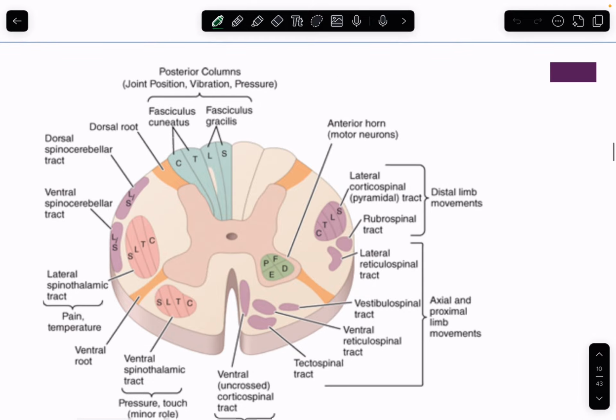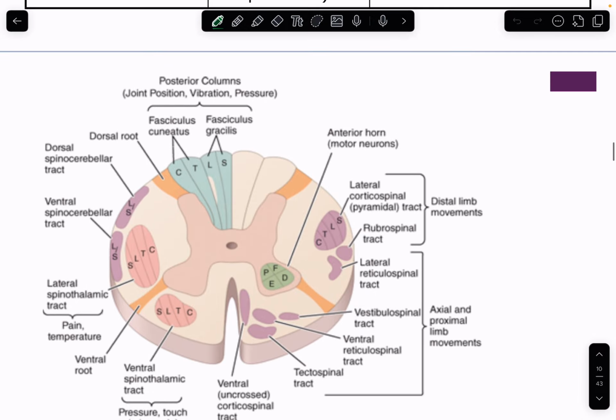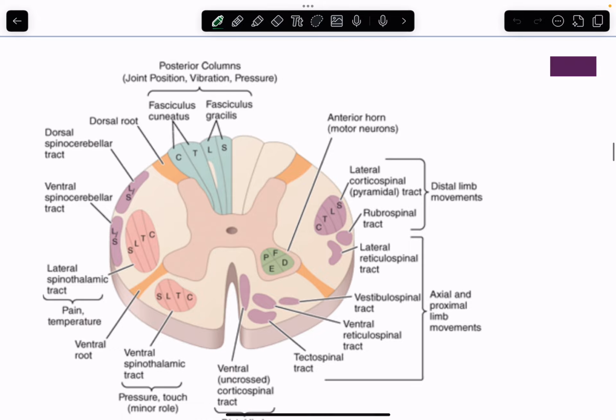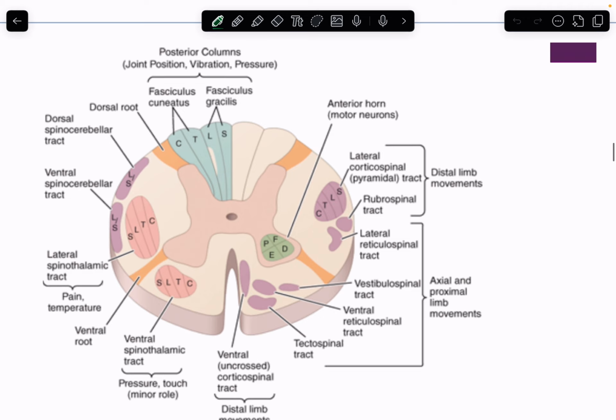So over here is an overview of all the tracts that we have in our spinal cord. Remember, whatever ascending and descending tracts you have on the right side of your spinal cord, you also have on the left side. So they're both symmetrical. Let's just read from here. We have the lateral corticospinal tract.